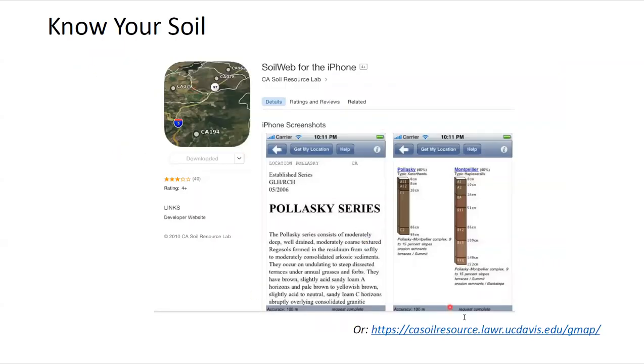One good thing, this is just a little tidbit for you. The SoilWeb app for iPhone, I know they have it for Android as well. There have been so many soil analyses over the years that they put a database together. So if you download this app, wherever you are, you open it and you can see what type of soil you're actually on, which is kind of cool.